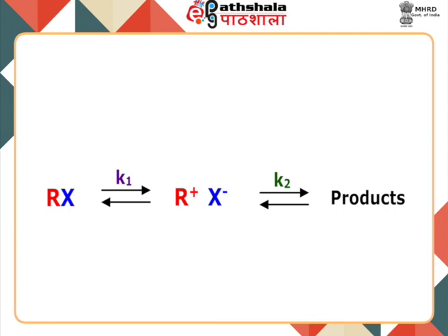RX forms an R plus X minus ion pair, which then gives product.